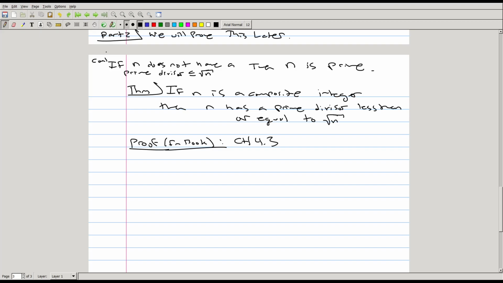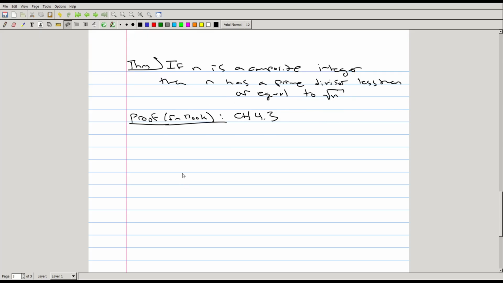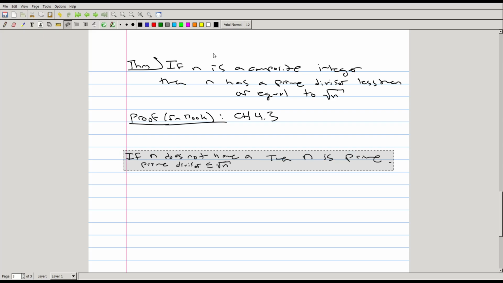This is the contrapositive of an if-then statement. If it's if P then Q, this is if not Q then not P.